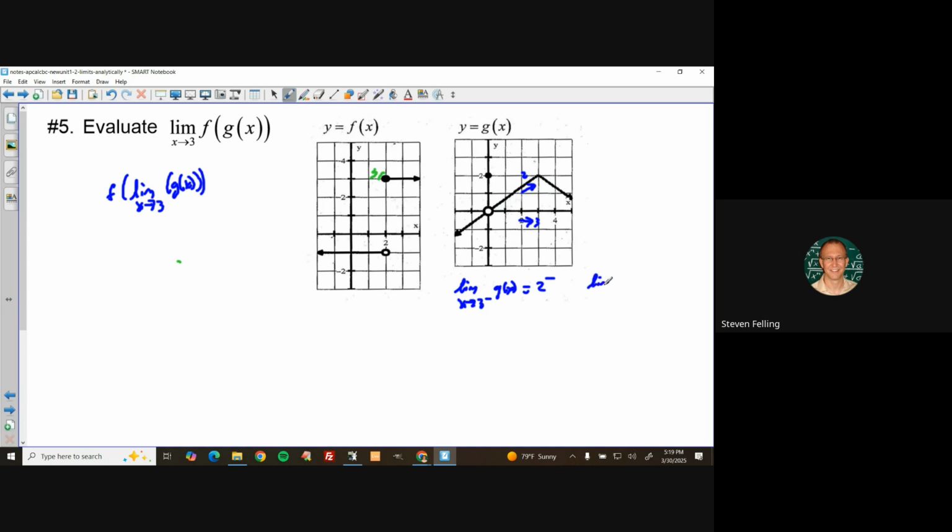And on the right-hand side, limit as x approaches 3 from the right, as I approach 3 from the right here, I'm also approaching 2, but I'm specifically approaching 2 from lower values. Okay, I think that's going to turn out to be important. So this is a number 2, but because it's a limit, it really is x approaching 2 from lower values as the result of this.